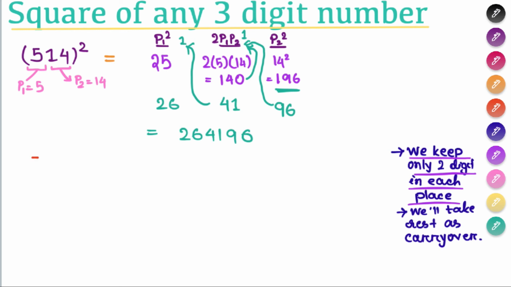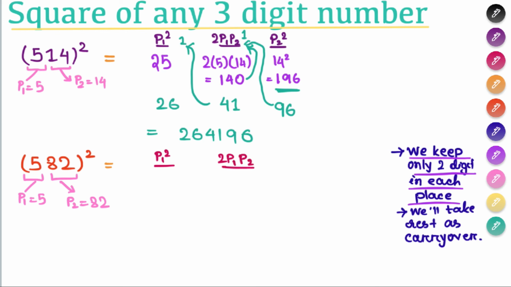Okay. So now let us do one more final example, slightly complicated one. Now suppose I have to find 582 square. Now here P2 is 82, P1 is 5, and the sequence is P1 square comes first, then 2 P1 P2, then P2 square.